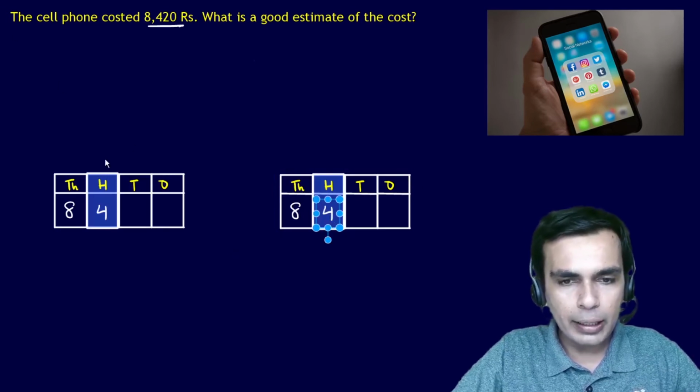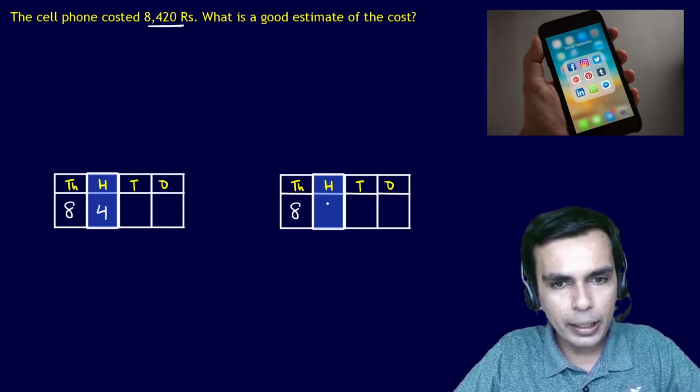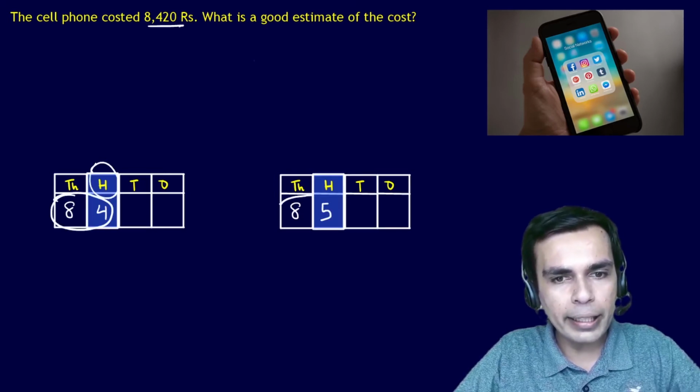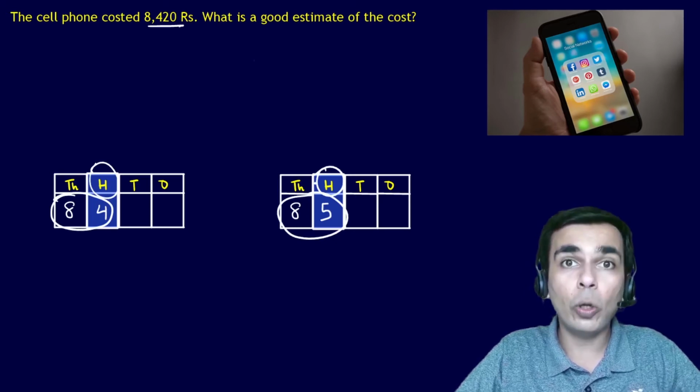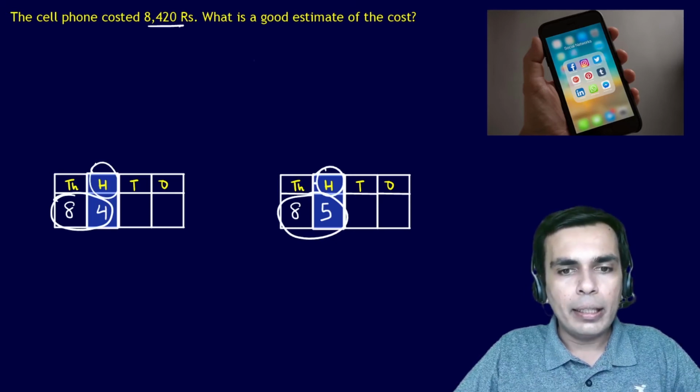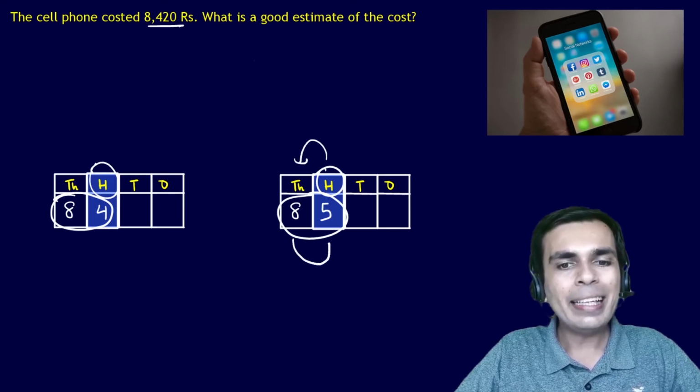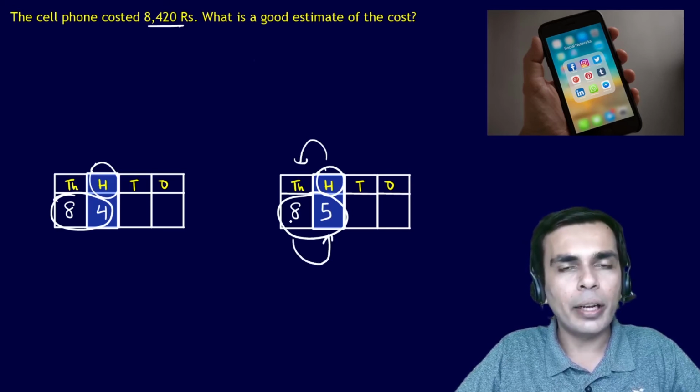So if this is 8,400, the next 100 is 8,500. You can also think of this as 84 hundreds and 85 hundreds. That's how you can also think, because 10 hundreds is 1,000. So 80 hundreds is 8,000, right?